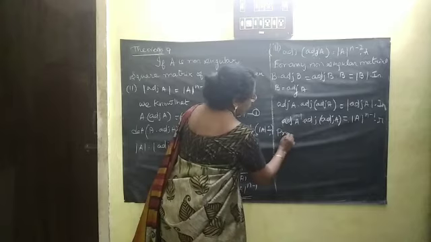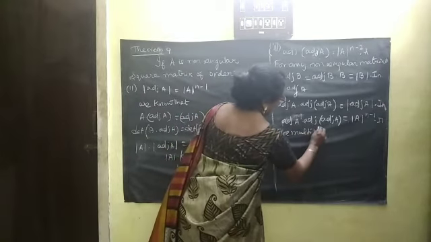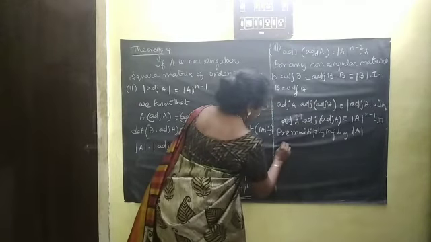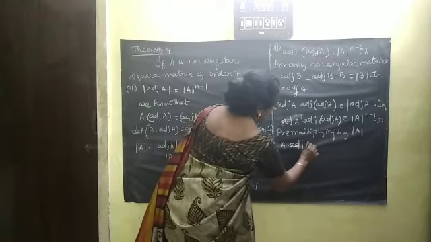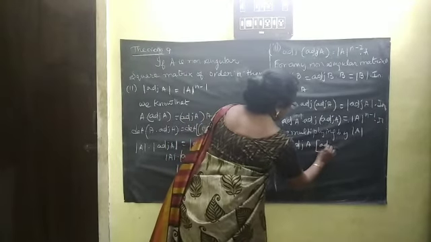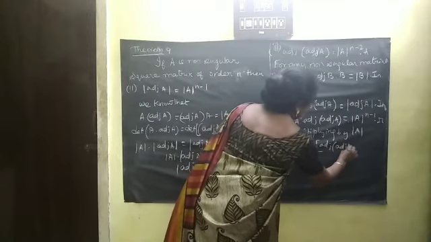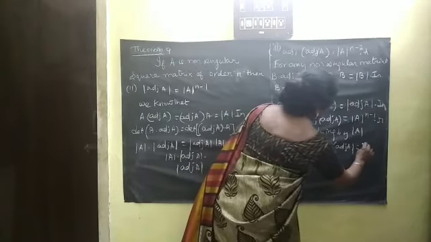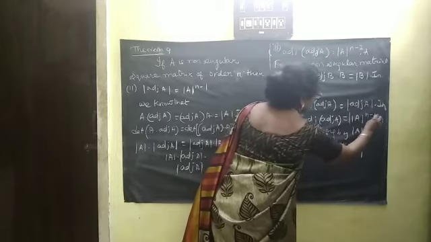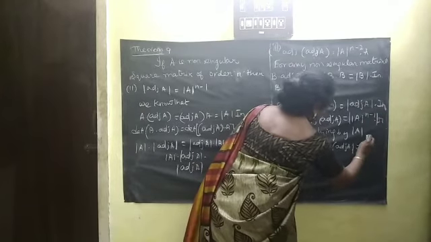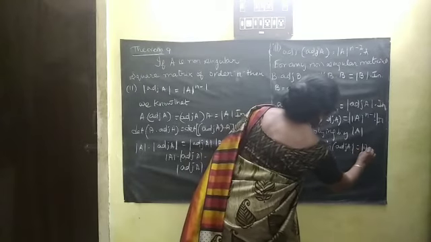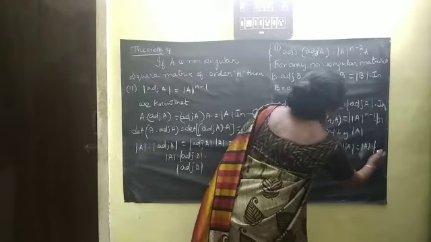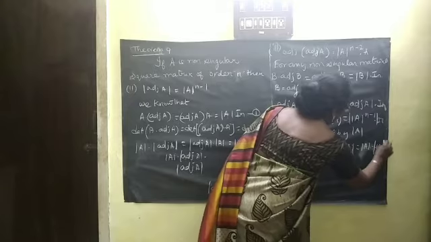Now pre-multiplying by A, we get A into adjugate of A into adjugate of adjugate A is equal to determinant A into determinant A power n minus 1.